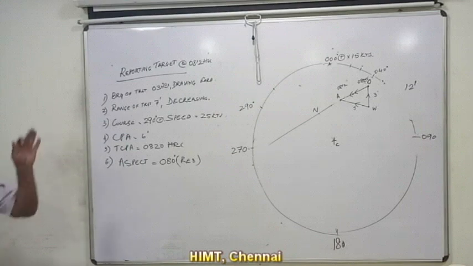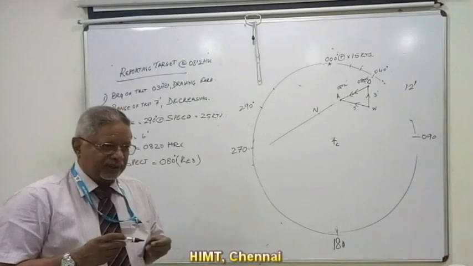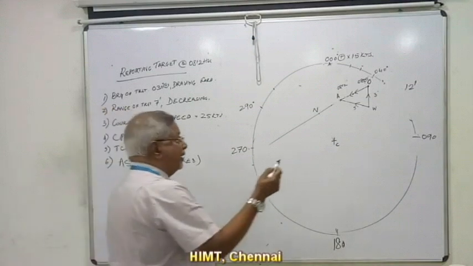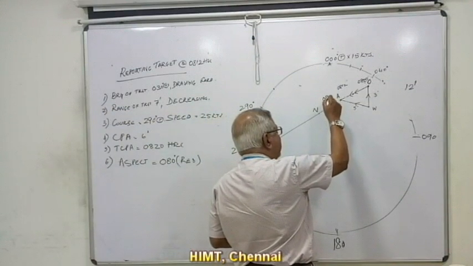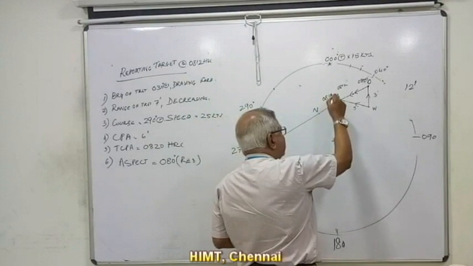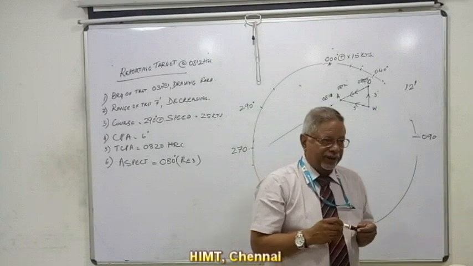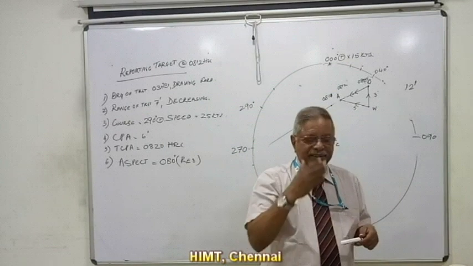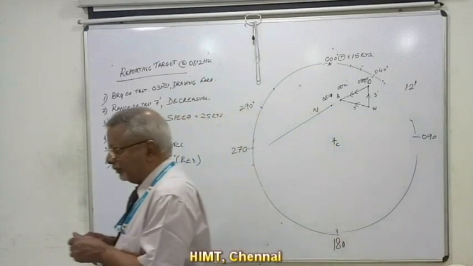So when you are asked to report a target at a particular time, this is how you have to do. And this report will change according to the time. Suppose he asks you to report it at 0818. Then you have to find out the projected position of the target at 0818 and then report at 0818, the predicted position.